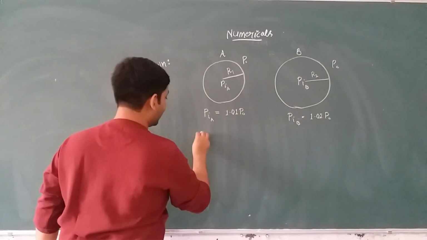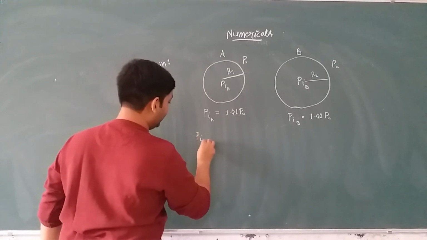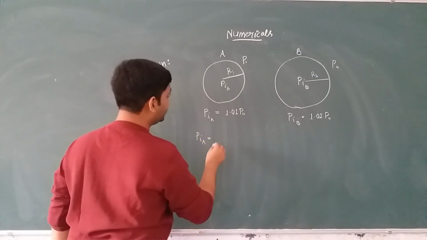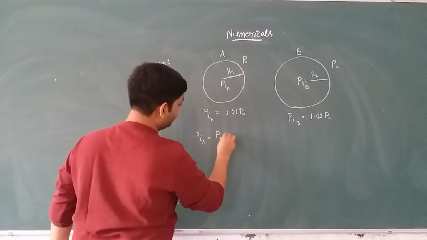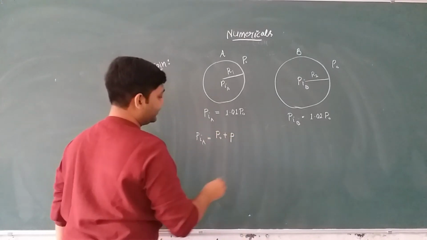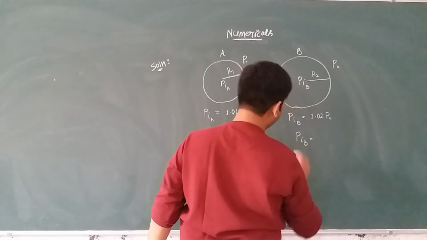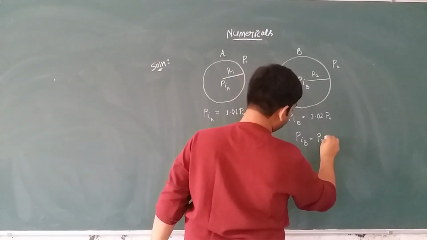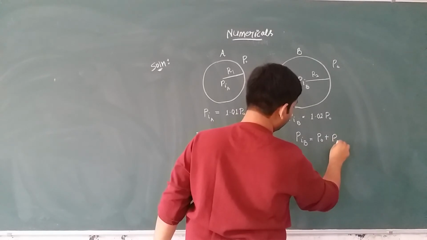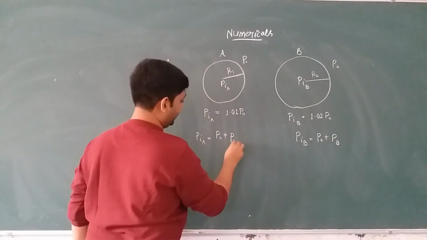Now PIA should be equal to P naught plus excess pressure, and similarly PIB should be equal to P naught plus some excess pressure.